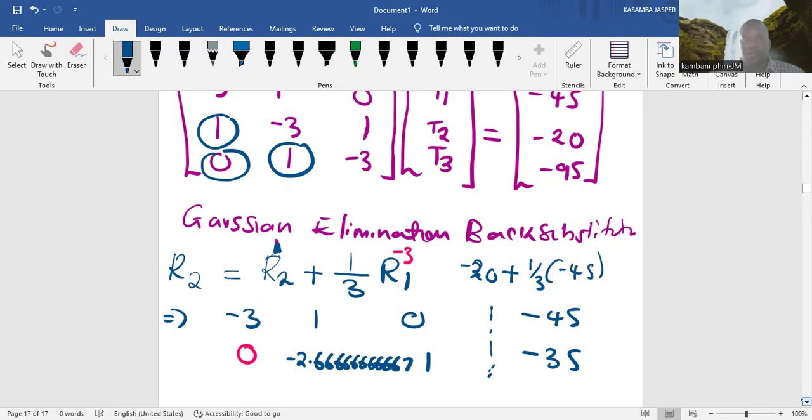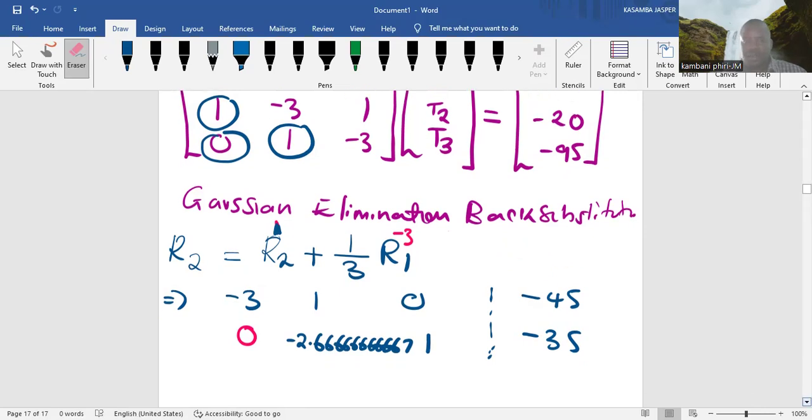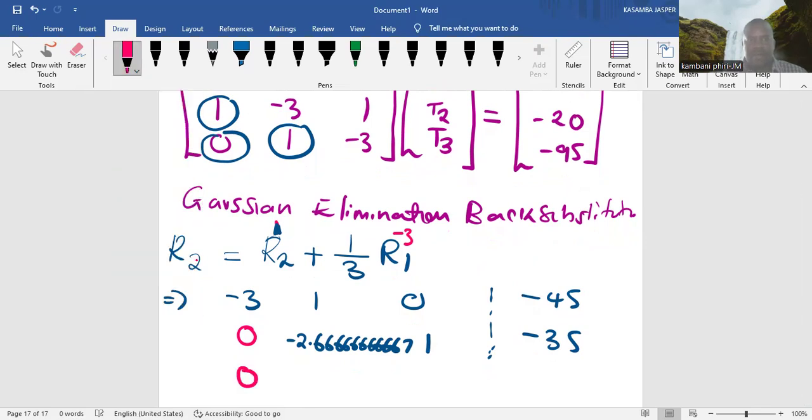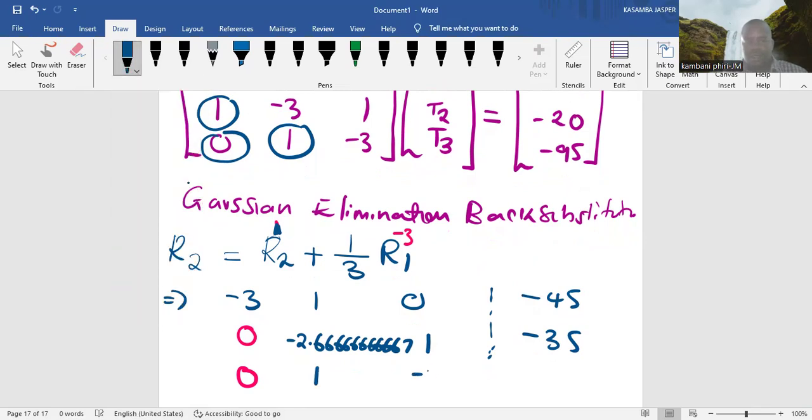So this will give you negative 35. And the last one is not affected. So you have a 0 already here. So you have your 1, negative 3, and negative 95.